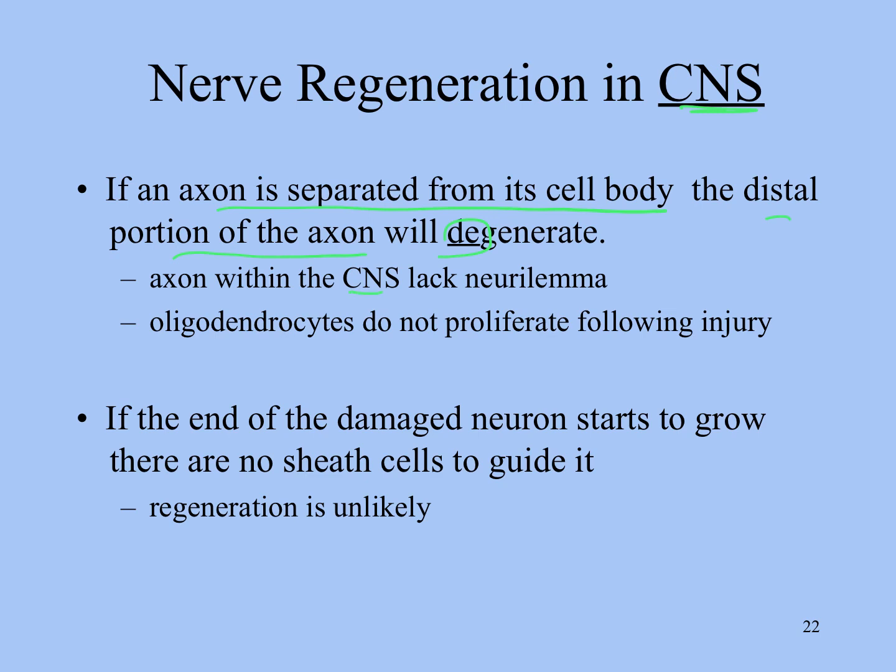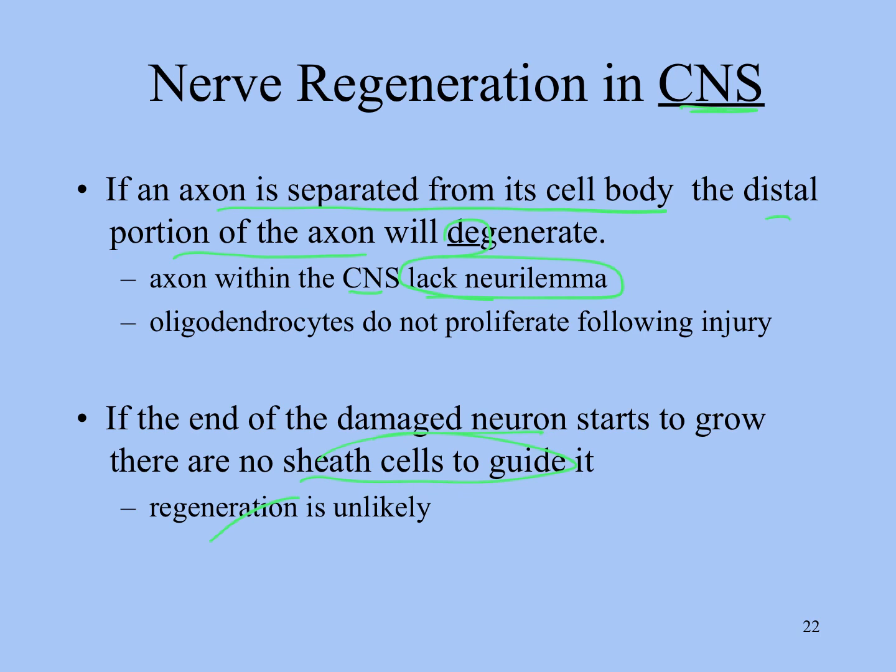Axons within the central nervous system lack that sheath that surrounds the axon. And because that sheath is not there, if the end of the damaged neuron starts to grow, there's no sheath cell to guide it, and therefore the regeneration of the pathway that that nerve cell once belonged to will no longer be functional.